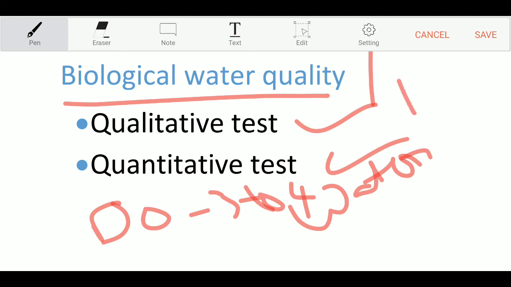Fluorides, it should be 1 to 1.5. Nitrites 0, nitrates less than 45 milligrams per liter. Ammonium nitrogen less than 0.15 milligrams per liter.